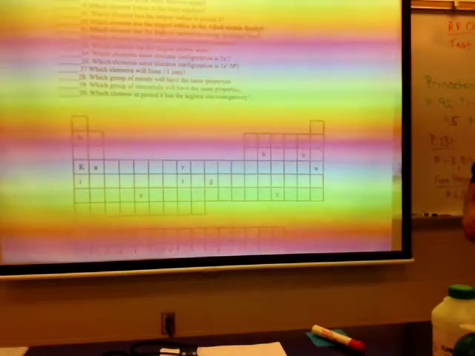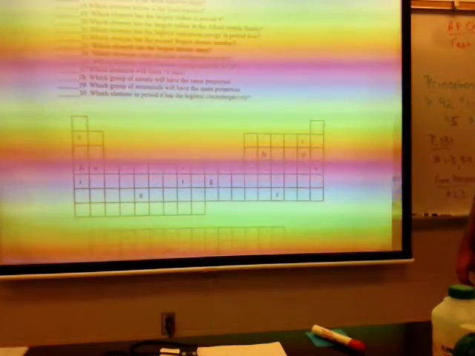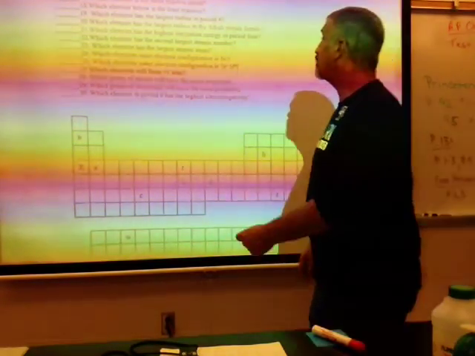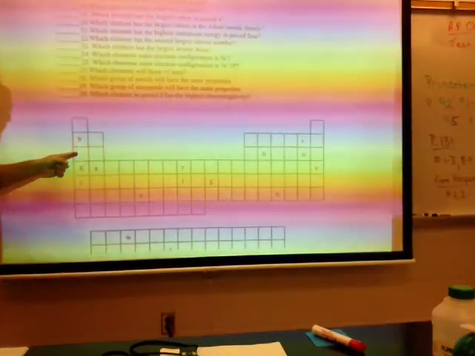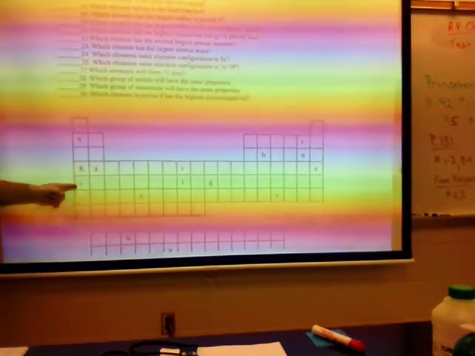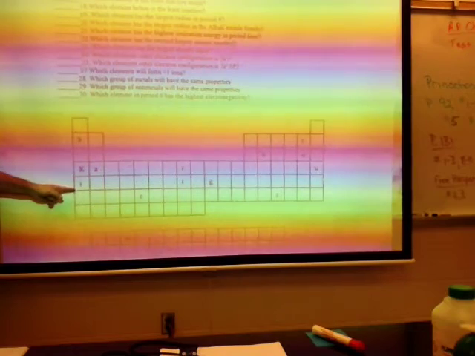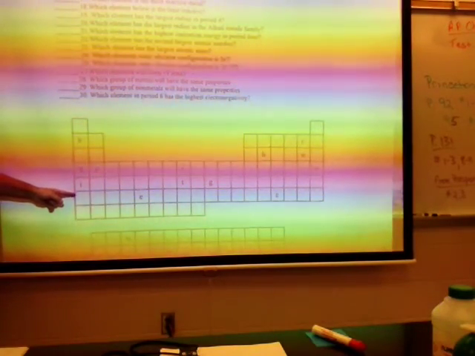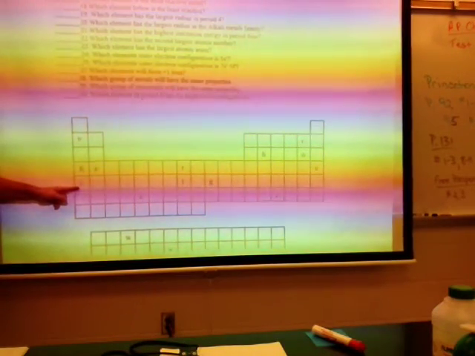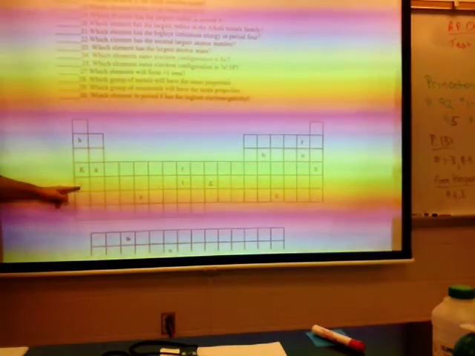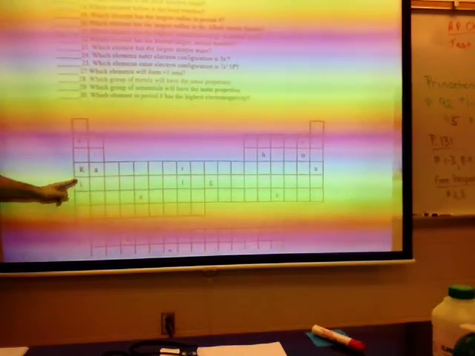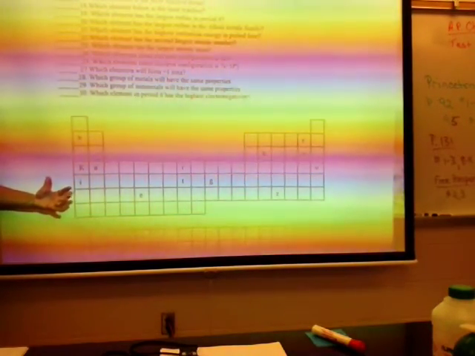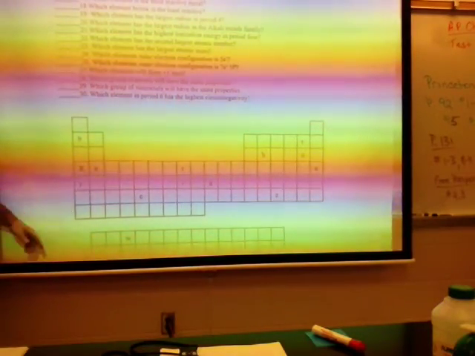And then alkali metals, as you move down, what happens to the size? It gets bigger going down, so which element has the largest radius? It's going to be I. So this is how multiple choice questions can get asked on something like this.